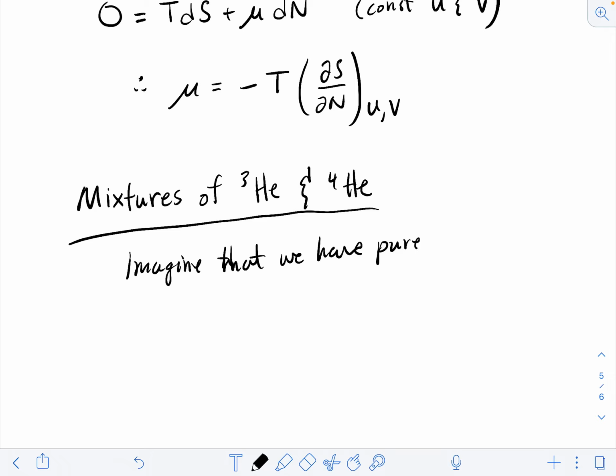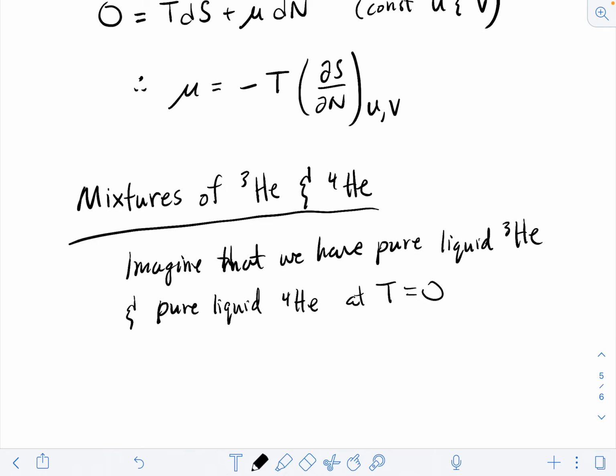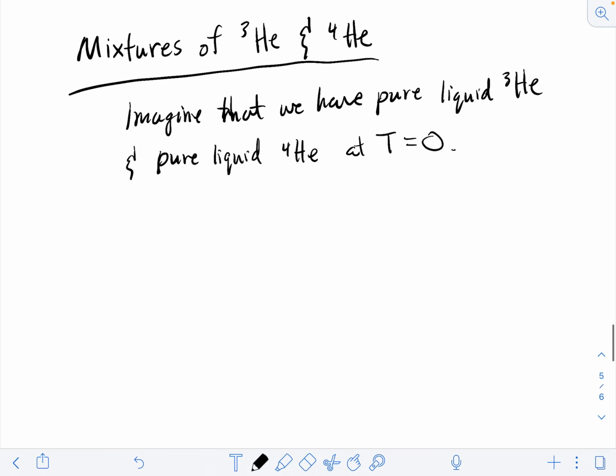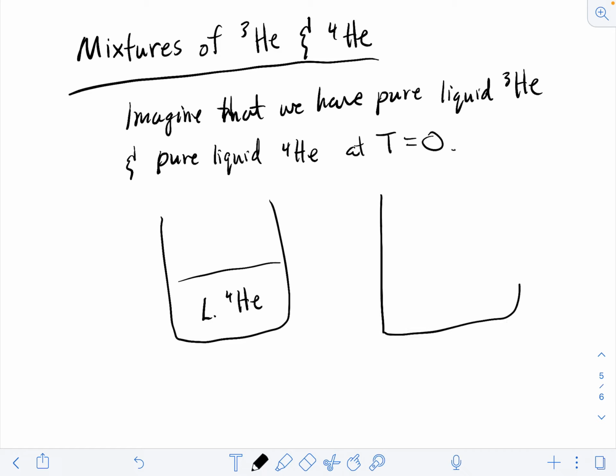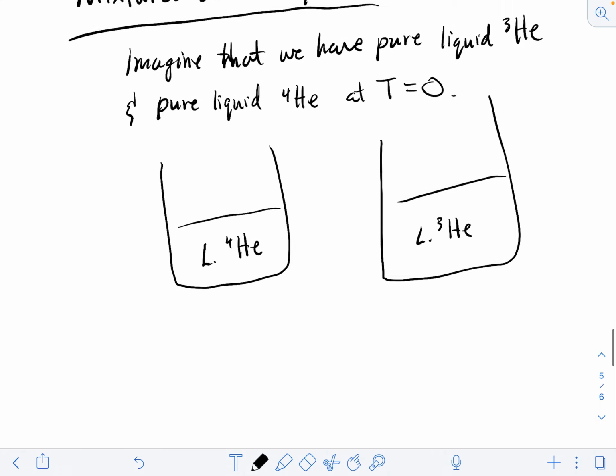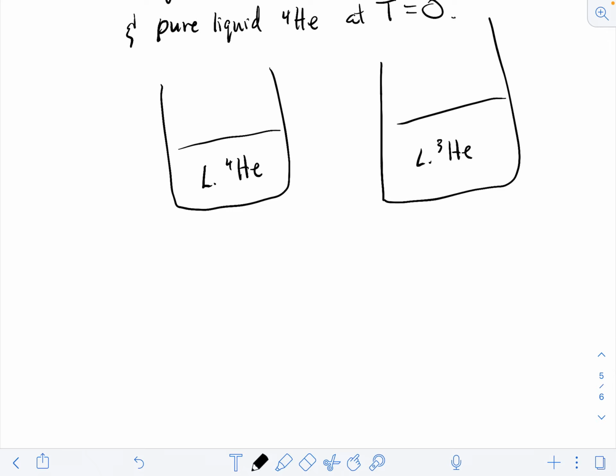One is pure liquid helium-3, and the other container has pure liquid helium-4. And this is at T equals 0, or really low temperatures. Here's the helium-4 container, and here's the helium-3 container. What we'd like to do is add one helium-3 particle.